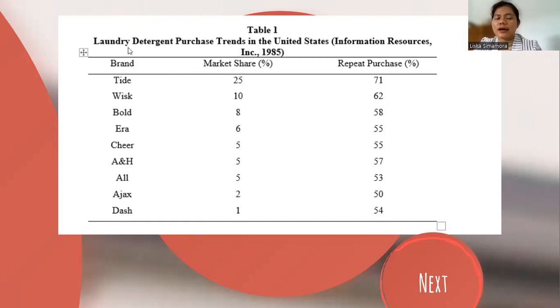So this is the kind of brand image, the kind of brand research. From the same functionality of product, but different brand, this is one kind of brand research. There are so many kinds of brand research.